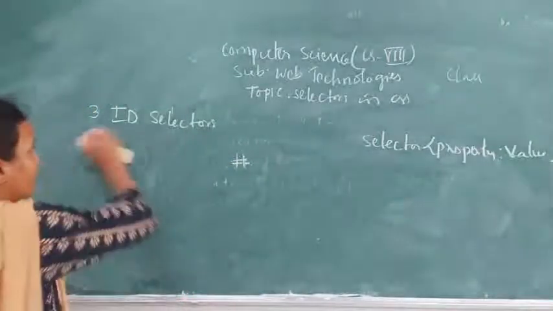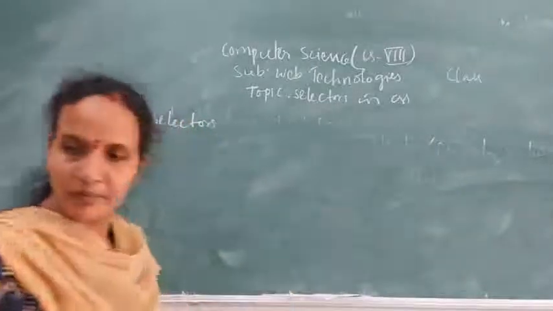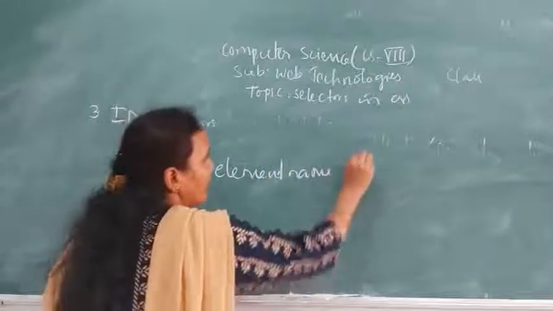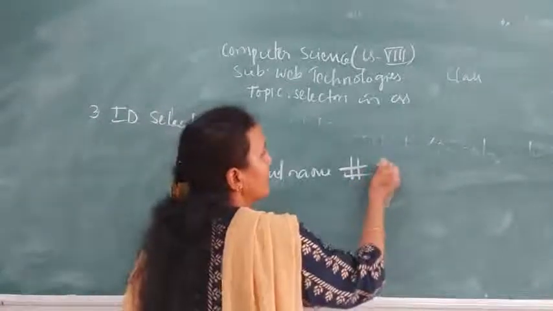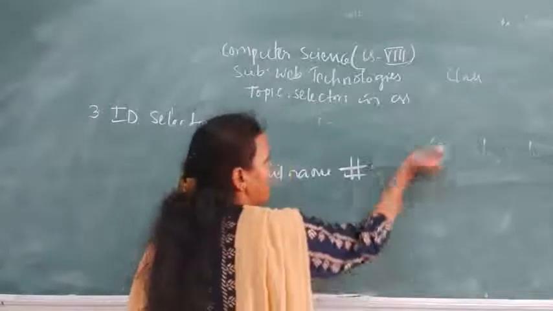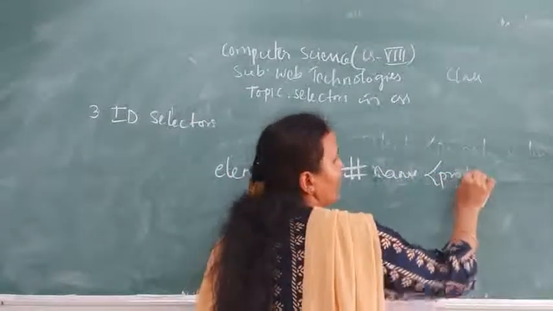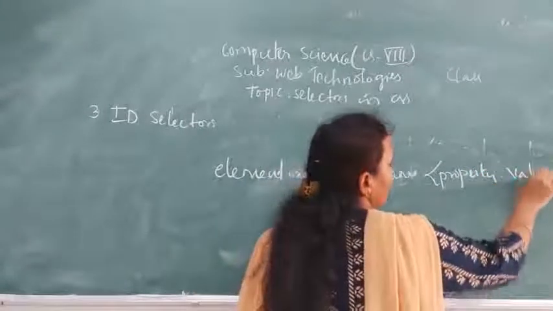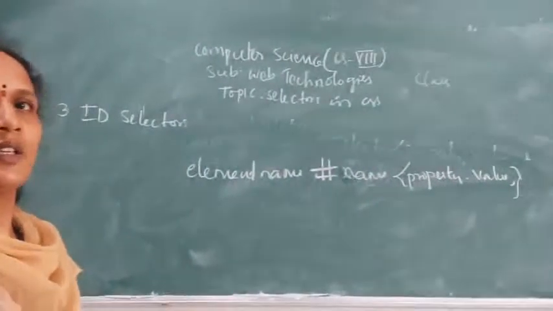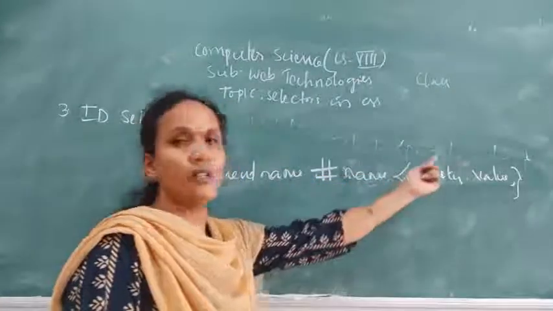Now here I will use the syntax for ID selectors: element name, hash, name of the ID, property, value. You can see that here: element name, hash, name of the ID, property, value.